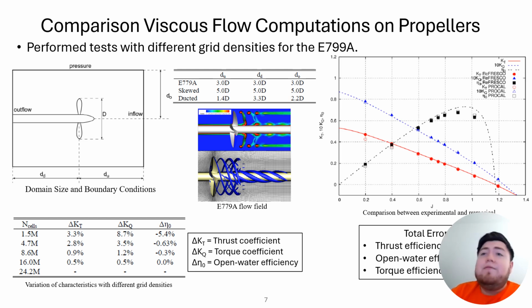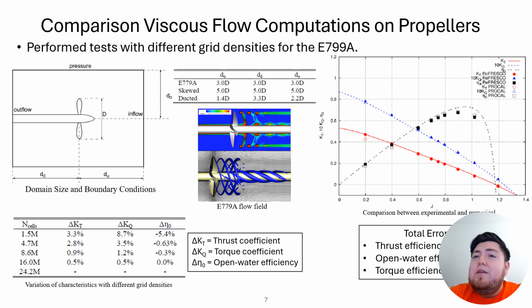You can see on this graph the results for the E779A. The lines are the measured and the calculated; the bold figures are for ReFRESCO, and the ones that are not bold are for PROCAL.